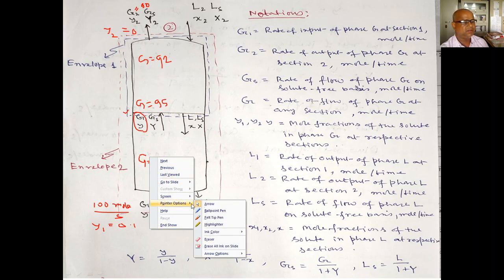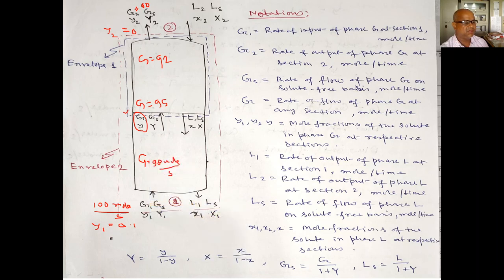So in this case your GS is 90 moles per second. So total is 100 mole G1, among them GS 90 mole per second, that is the inert flow rate, or it is called solute free basis, means it will not change.